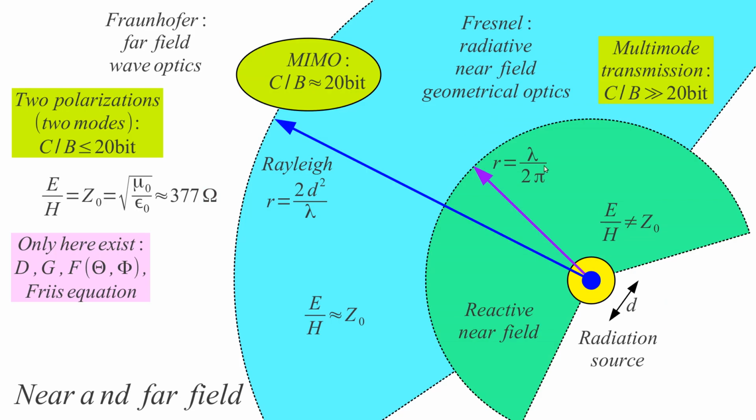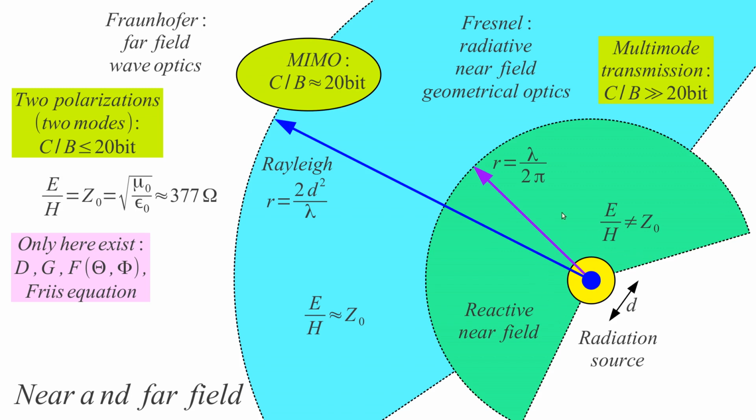If we look at what we have in the close proximity of our transmitter, we have the reactive near field. Most of the field here is concentrated in stored energy at this frequency. This energy does not flow anywhere.